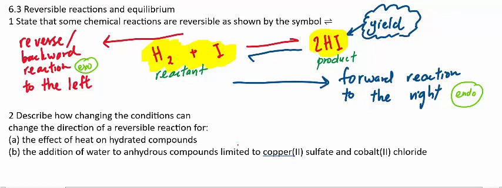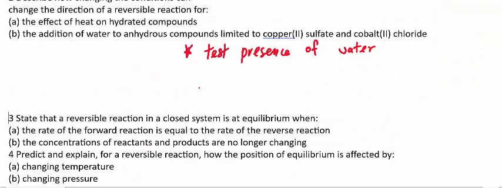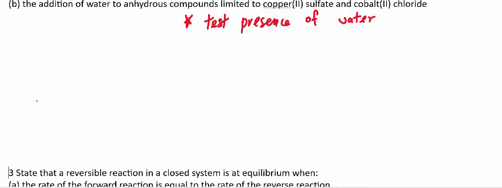Now, one example of a reversible reaction that you also need to remember is copper 2 sulfate and cobalt 2 chloride. These are also used to test the presence of water. When we start out the experiment, you cannot call something "got water" or "no water".